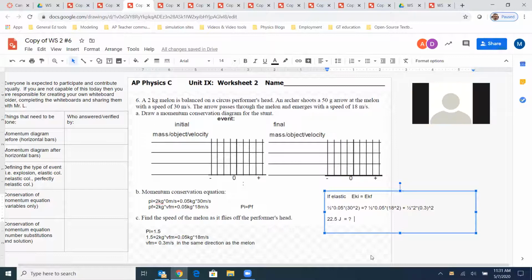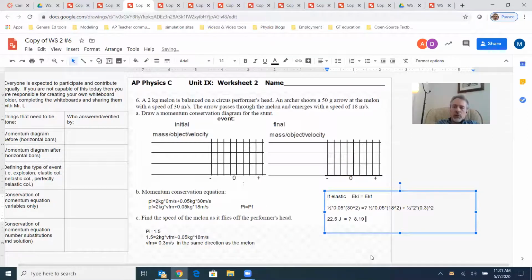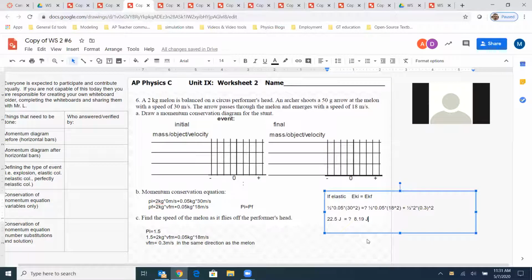I got 8.19. 8.19 joules. I agree. So they're not equal. So is this elastic? No, it's not. It's not elastic. This is called inelastic. So some of that energy that it has, kinetic, now it's thermal energy or something like that.